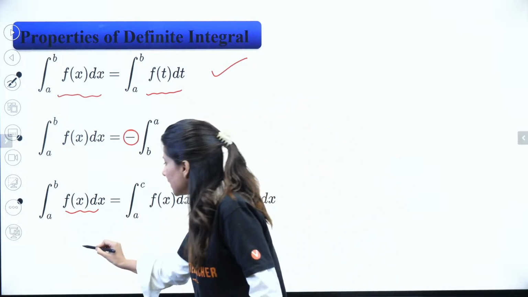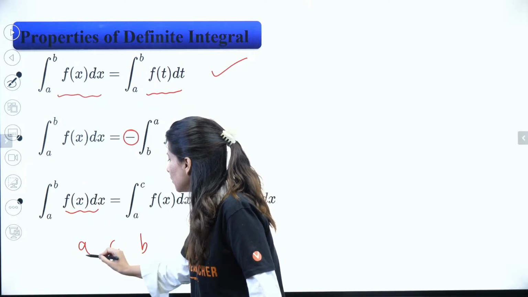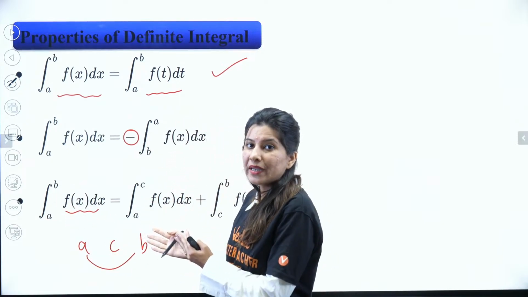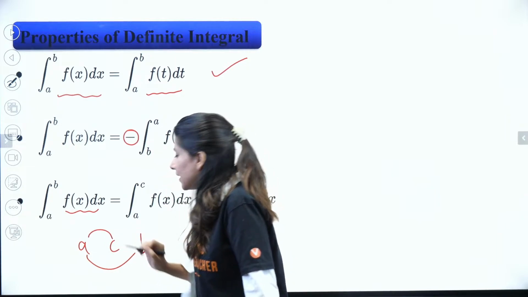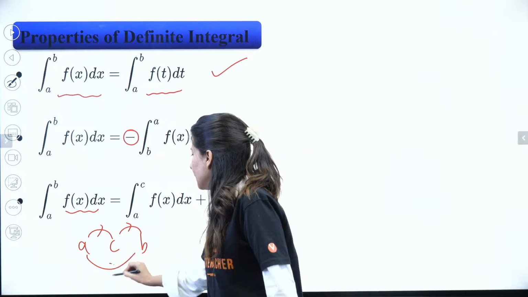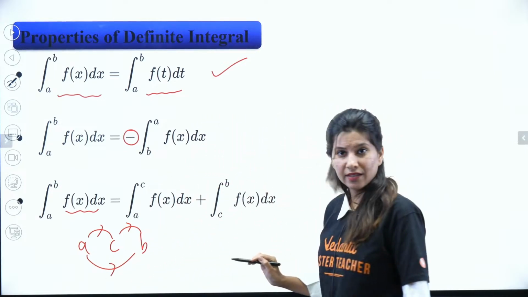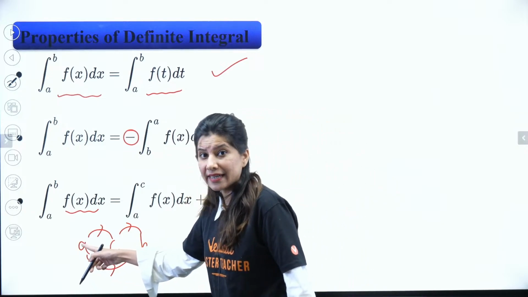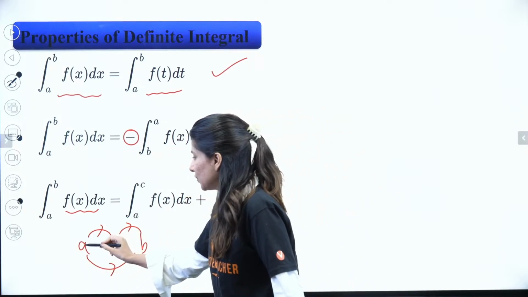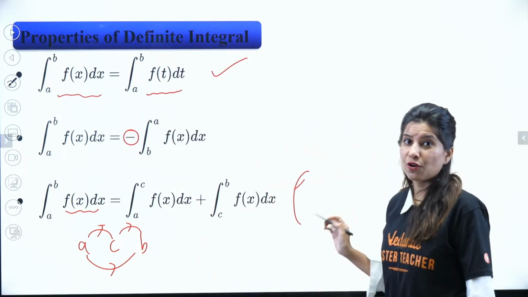So that's how it is. A, b and c. So first of all, here we are going from a to b directly. But what we can do is we can break the limit. First we will go a to c, and then c to b. So rather than going directly from a to b, what we will do is a to c, c to b. This is the breakage of limit.